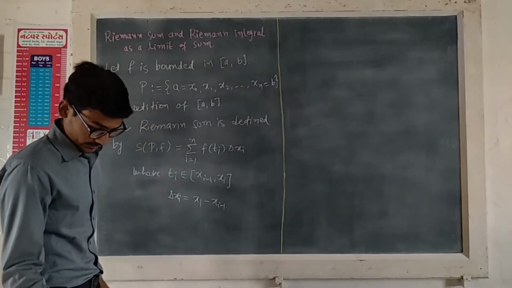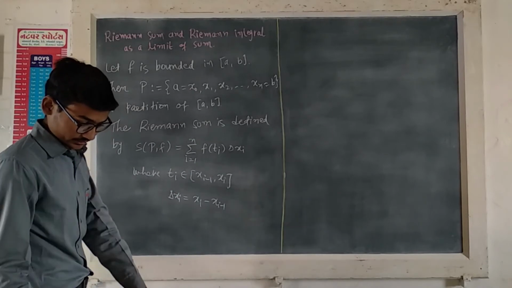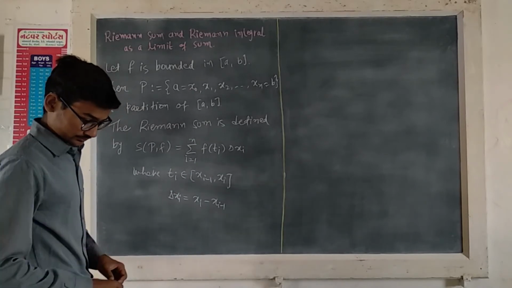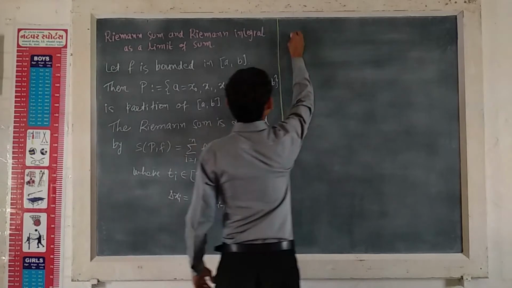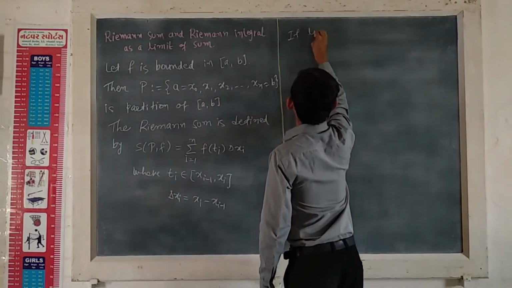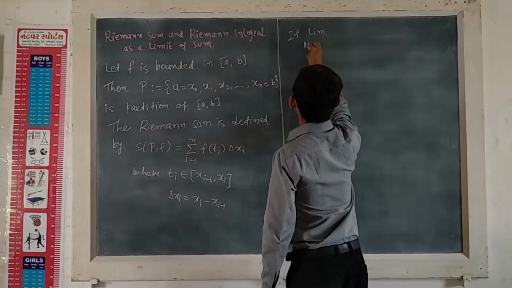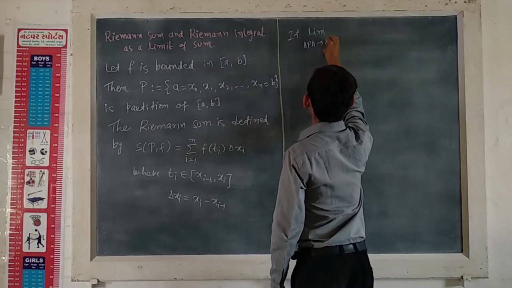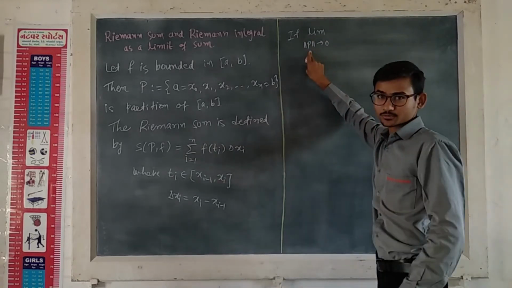Then we want to define the Riemann integral. If limit norm P tends to 0, what is the definition of norm of the partition?